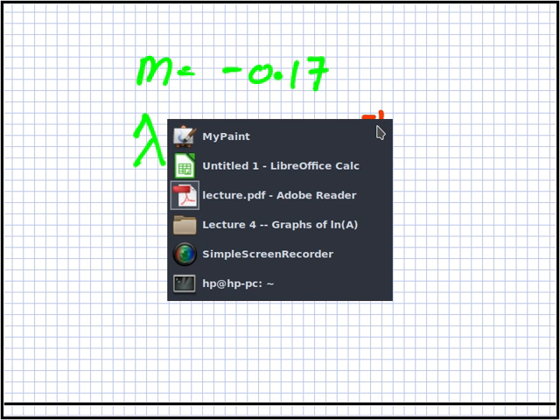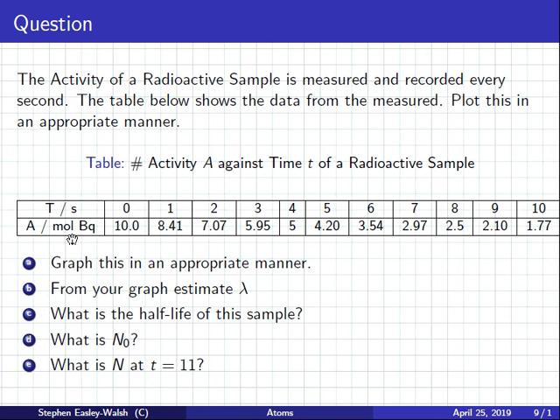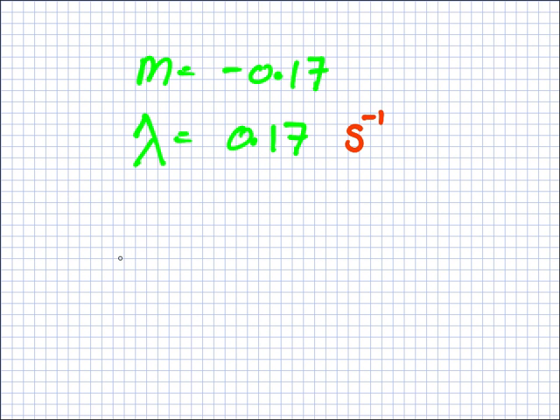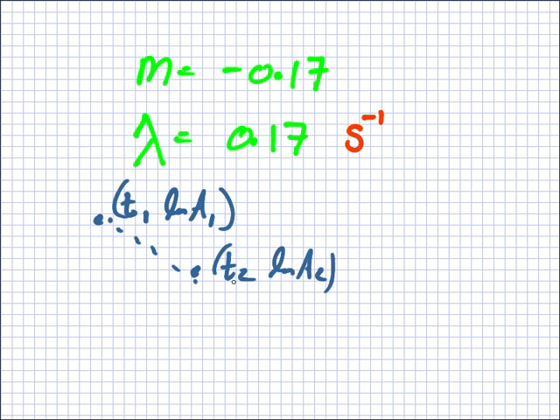Because if you look at the graph, we have moles here. Well, let's see. When we look at the graph, you took 2 points. The first point here was t1, log a1. And here was t2, log a2.